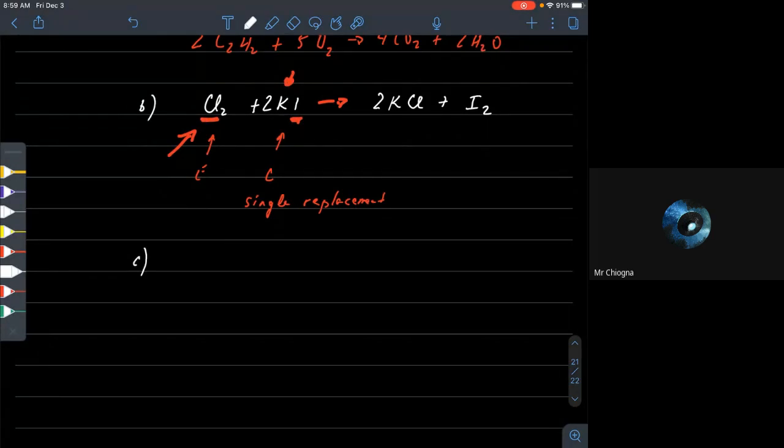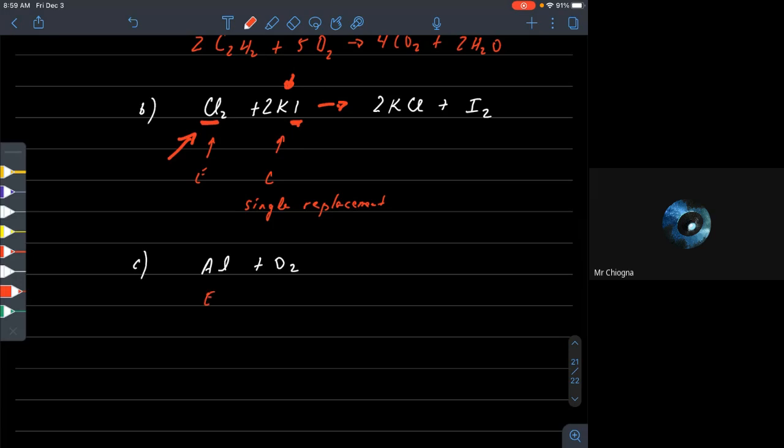Al plus O2. So look at the pattern. Element plus element. That should remind you of something. Yeah, element plus element is a pattern for synthesis, coming together to form. So aluminum, we're going to make sure that we've got the right formula.